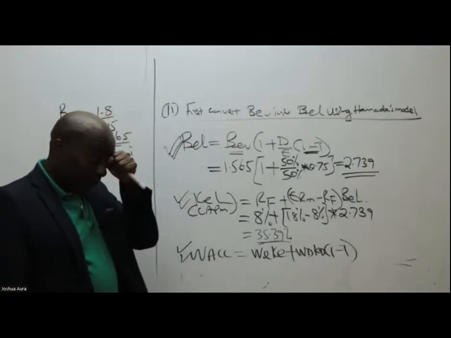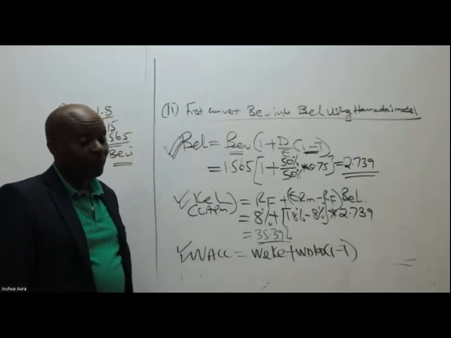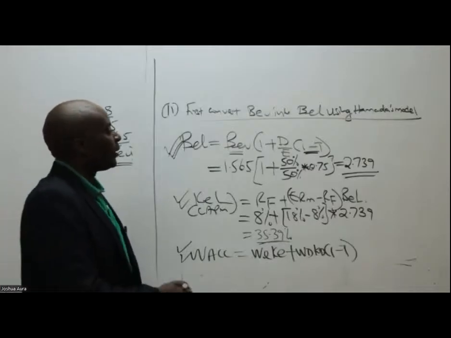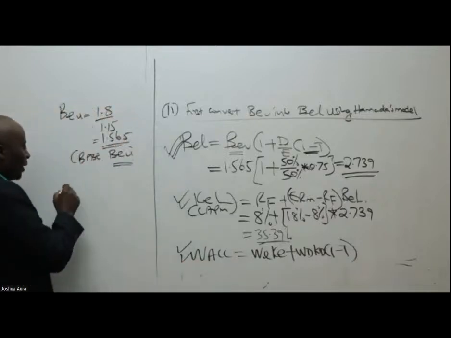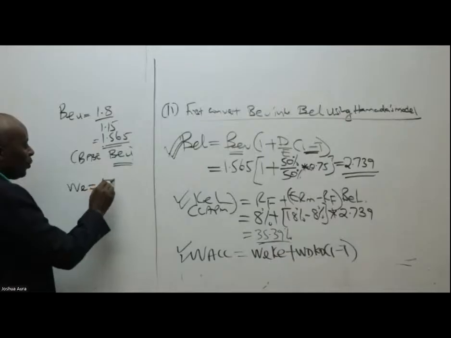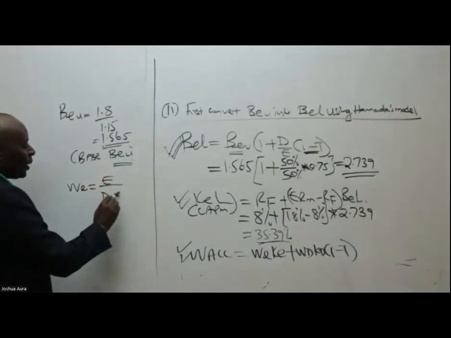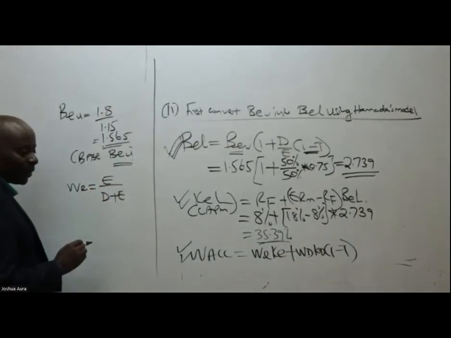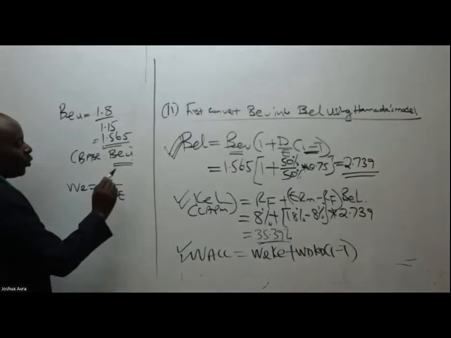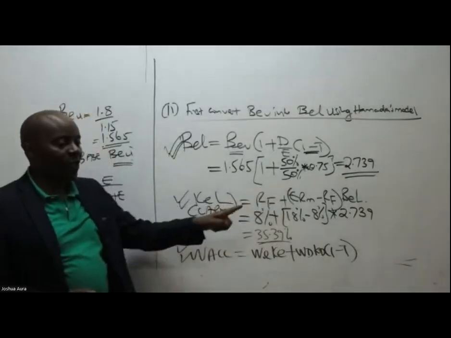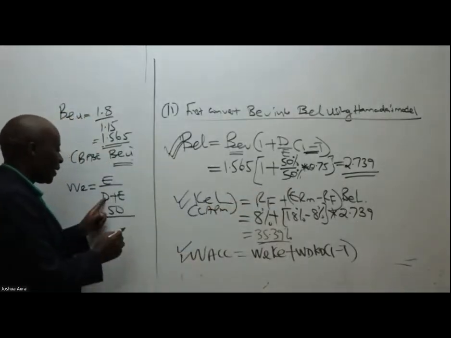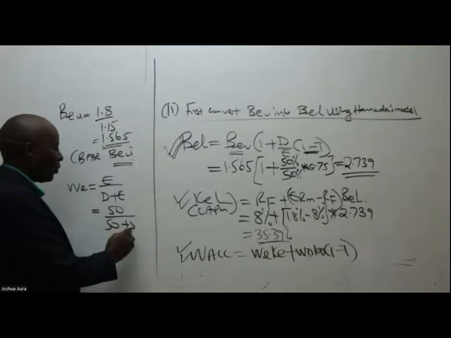Or the weight of debt. Remember that the weight of equity really is 0.5. The weight of equity here will be the equity component over debt plus equity. The equity component you guys gave me is 50, and debt is 50.